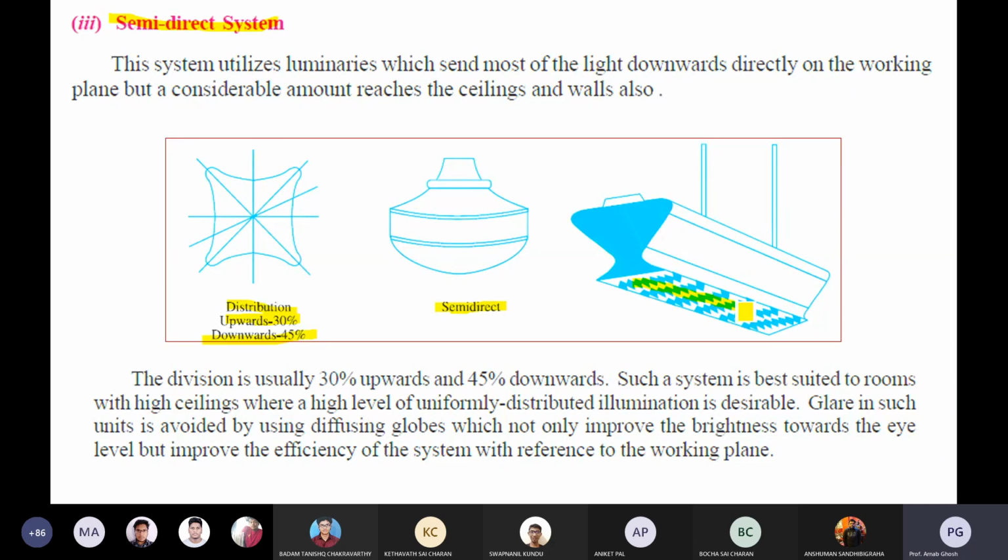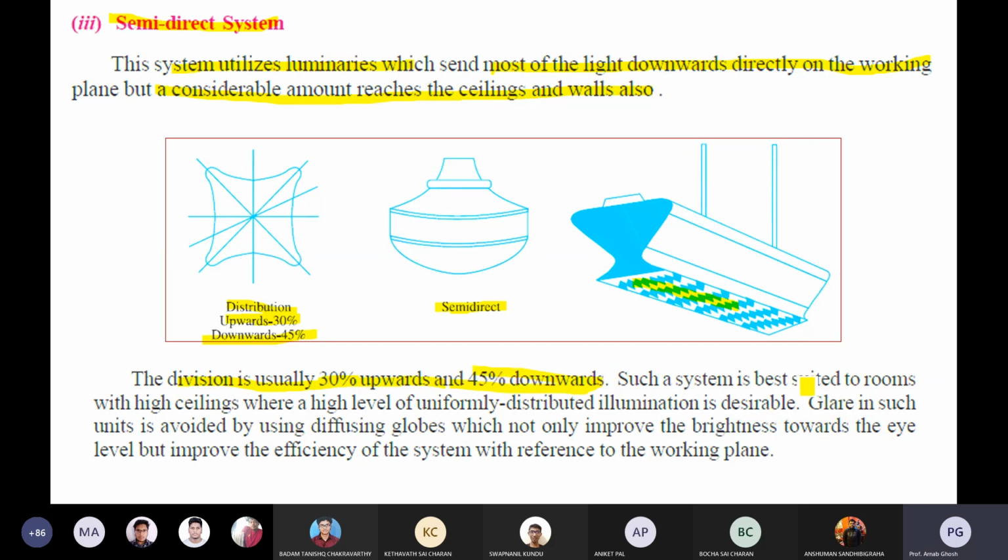This system utilizes luminaires which send most of the light downward directly on the working plane, but a considerable amount reaches the ceiling and the wall also. Both purposes have been solved. The division is usually 30% upward and 45% downward.